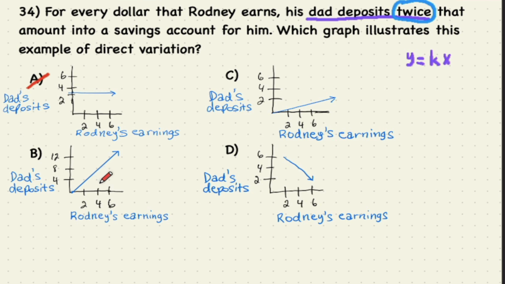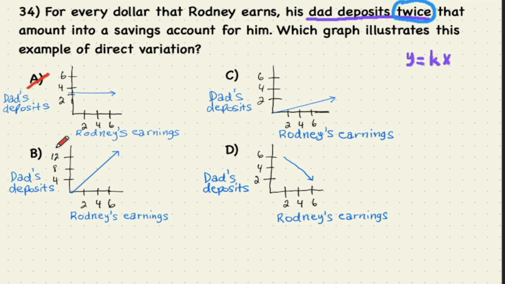Then if Rodney earns, let's say, $4, which is consistent with what we have here, and his dad is depositing twice that, 4 times 2 is 8, so we can see that's lined up right in here. And last but not least, Rodney earns $6. His dad deposits twice that amount. 6 times 2 is 12.